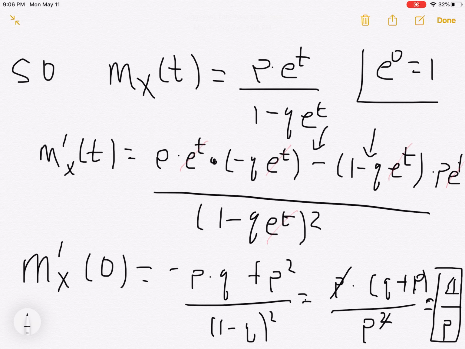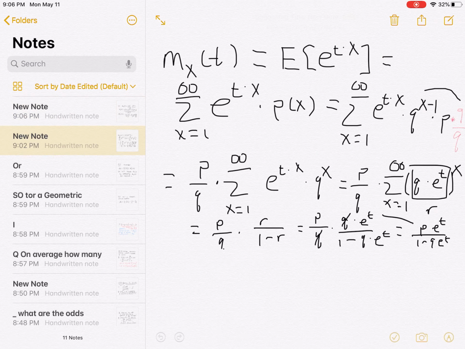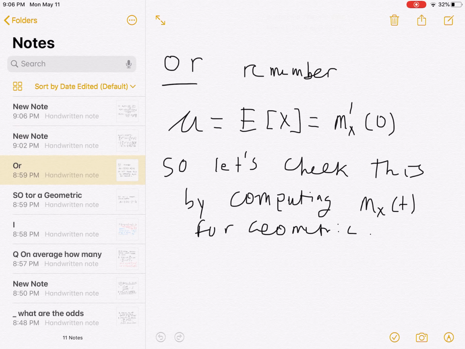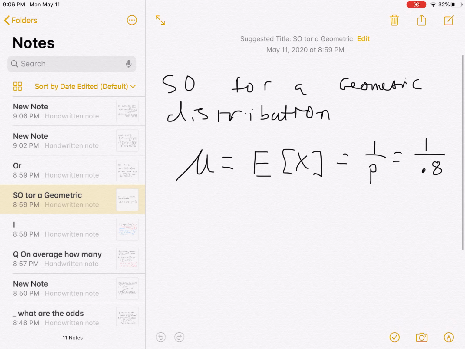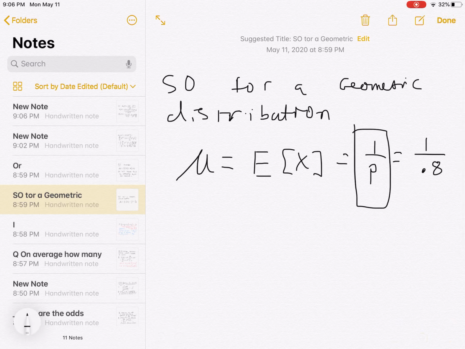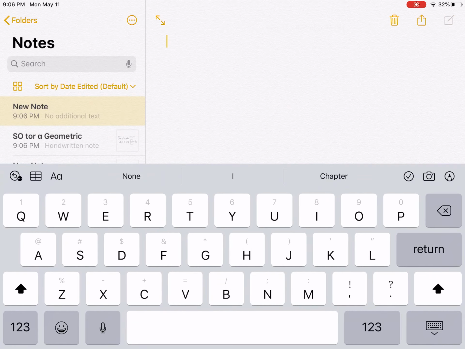And if we compare to what we got before, one over P was the expected value that we got. So let's just summarize.